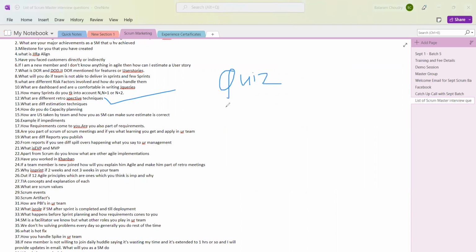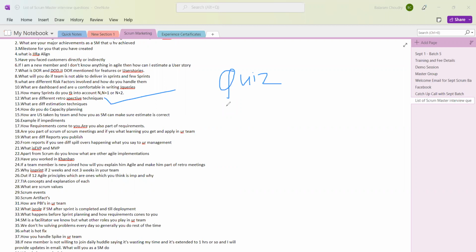And there are techniques like stop, start, and continue. The same is followed by what did we do well, what we did not do well, and how we can improve. These are the questions addressed. So you talk about these techniques and mainly focus on what you are following as a retrospective meeting and what technique you are following.